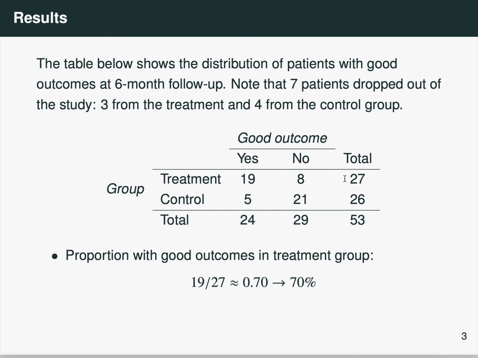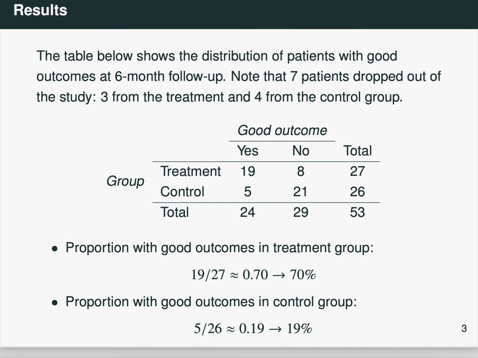So we're utilizing this number over here. So that would be roughly 70%, just to give you an idea of what does that number actually calculate to. And the proportion of good outcomes in the control group would be the 5 out of the 26 total in the control group right here.